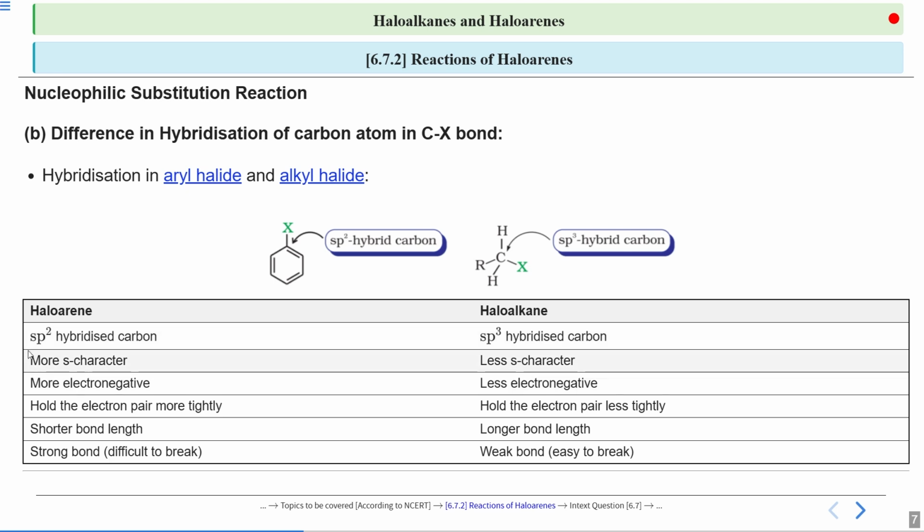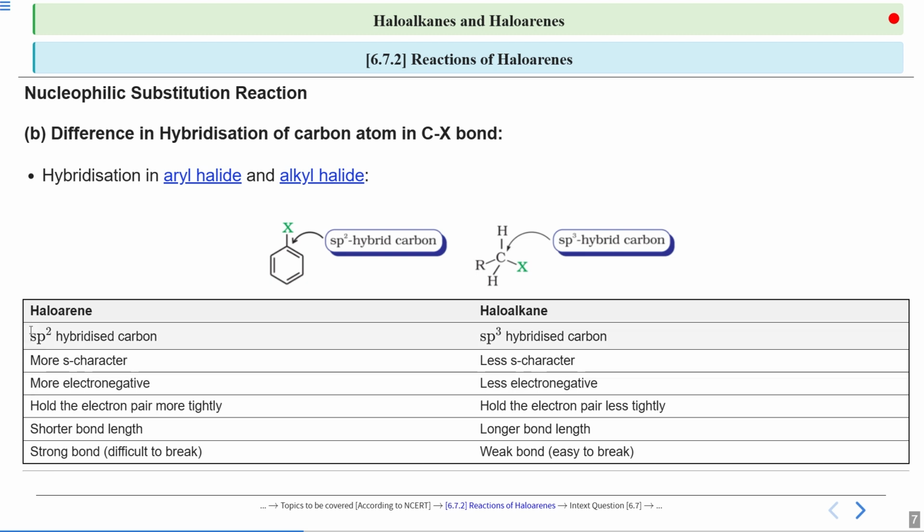Now, what will happen due to the different hybridization of the carbon bearing the halogen bond? First of all, s character will differ. In the haloarenes there will be more s character, and in the haloalkanes we have less s character because the hybridization is sp3. In the haloarenes, due to the more s character, the electronegativity is more. So the carbon will be more electronegative compared to the carbon in the haloalkane, which is less electronegative.